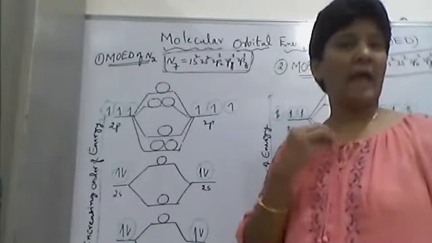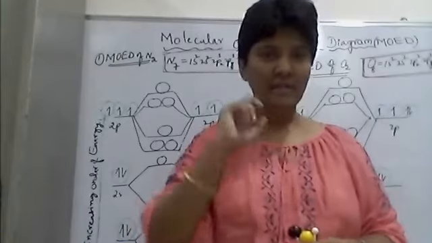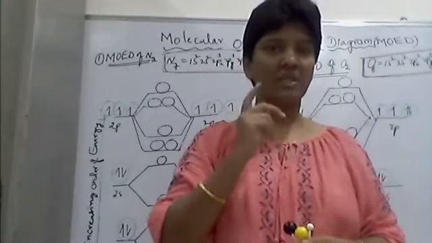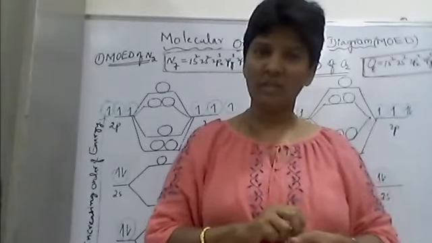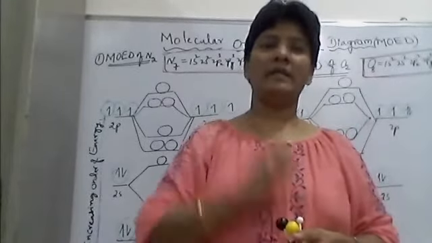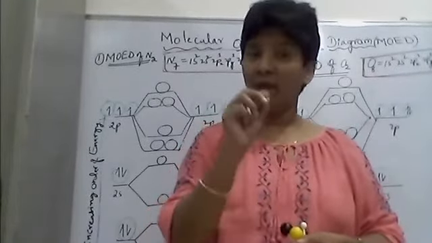Why? Because you learned that according to Planck's quantum theory, an electron is a charged particle. When it is under acceleration or vibration, it emits radiation, and these radiations are electromagnetic radiations. Means the vibrating electron can produce an electric field as well as a magnetic field.